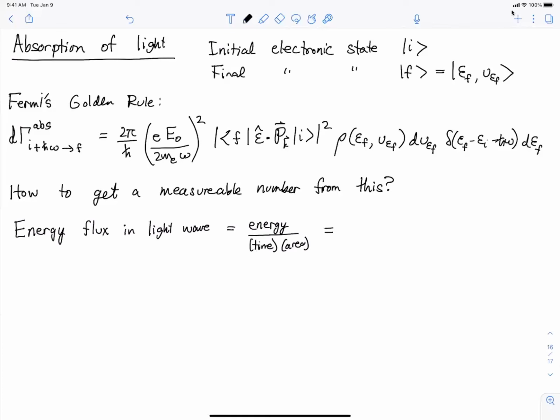Okay, and that's equal to the speed of light times the energy per volume, which we called before little u. So this is energy per volume. And then because the light is moving at the speed of light, we multiply that by the speed of light to get the energy per unit time per unit area. Okay, but now for an electromagnetic wave, this is just E0 squared over 8 pi.